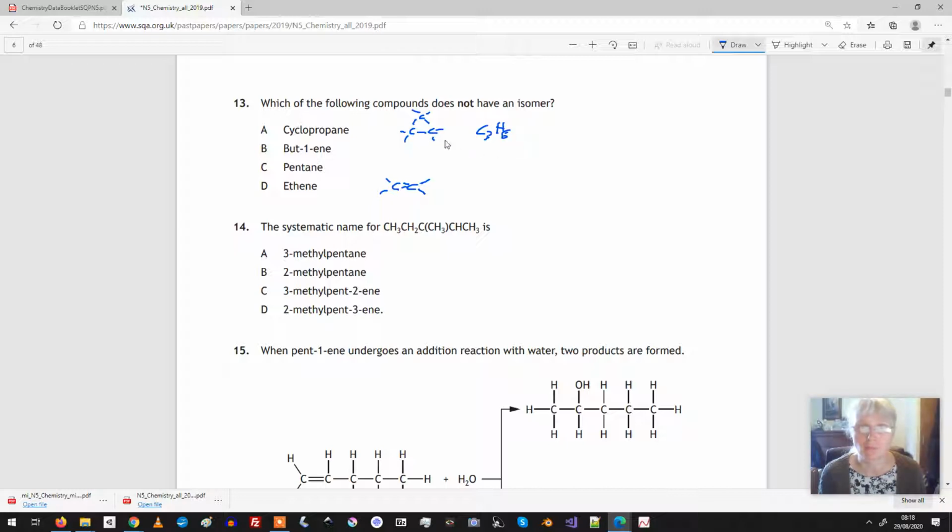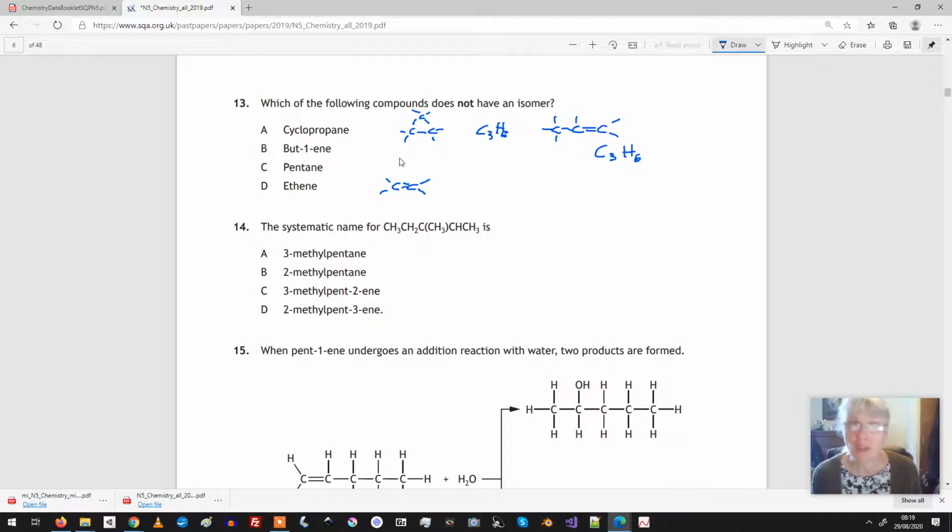But for the same molecular formula, you could have something like that, which would also be C3H6, 1, 2, 3, 4, 5, 6.